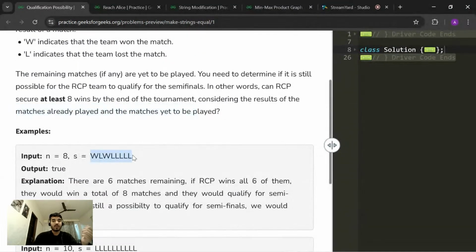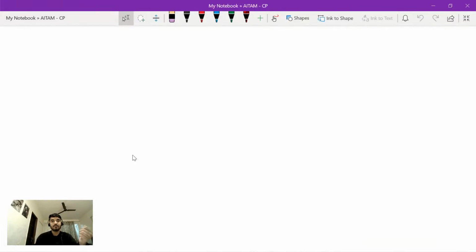Let me explain this with a simple input. Here the value of n is equal to 8, and the string given to you starts with a W. That is, the first match was won by RCB, and then we have L, then W, and then the remaining matches that RCB has lost.